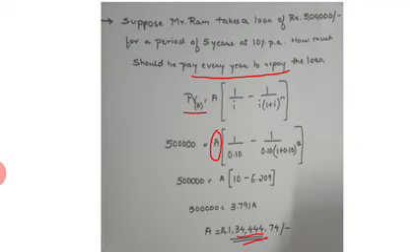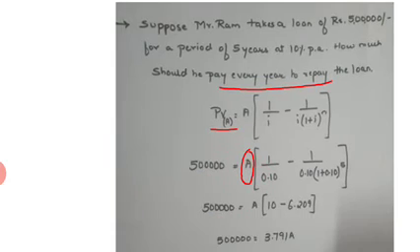Now let us interpret what this 1,34,444 is. It means that if Mr. Ram takes a loan of 5 lakh rupees at the rate of 10% per annum for 5 years, he has to pay 1,34,444 every year for a period of 5 years to repay his loan.